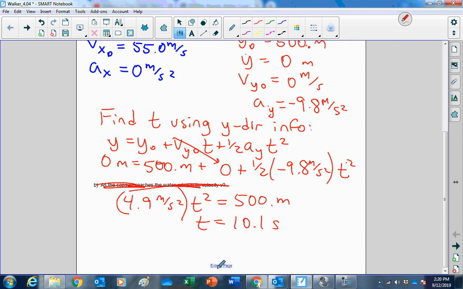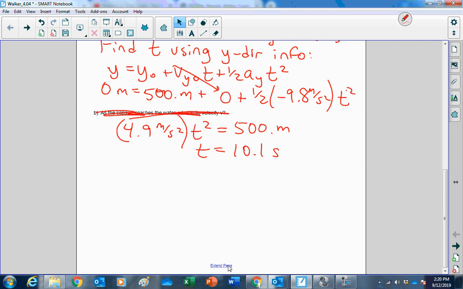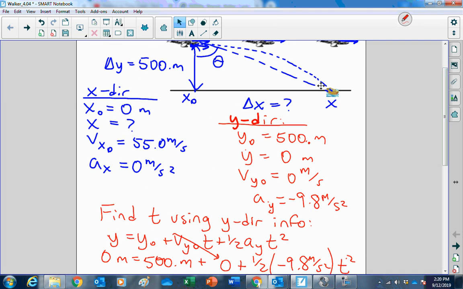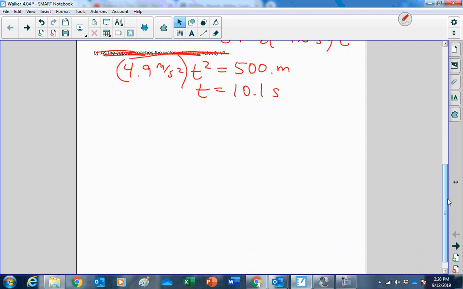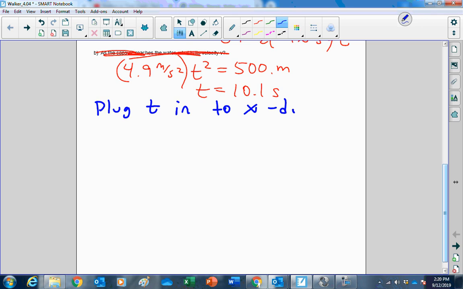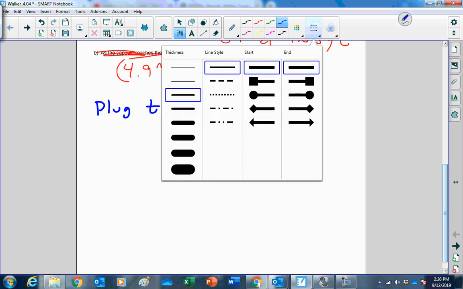So that lets me solve for how far it's going to go in the x direction, because all of that time it's moving to the right on my picture. And for the x direction, I know it's not accelerating.